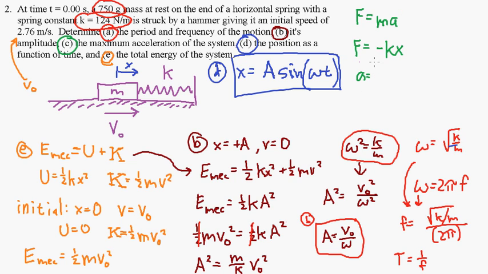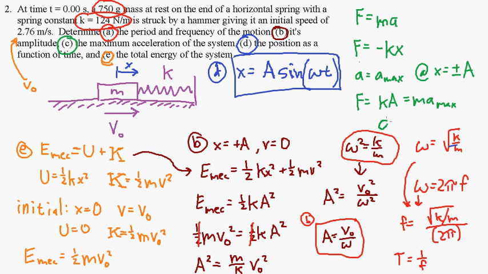A equals a max when x equals positive or negative A, the amplitude, capital A amplitude. So watch out for the difference between little a acceleration and big A amplitude. But when you have that, then F equals k times amplitude, and that's going to equal mass times little a acceleration, and that's going to be your maximum acceleration.